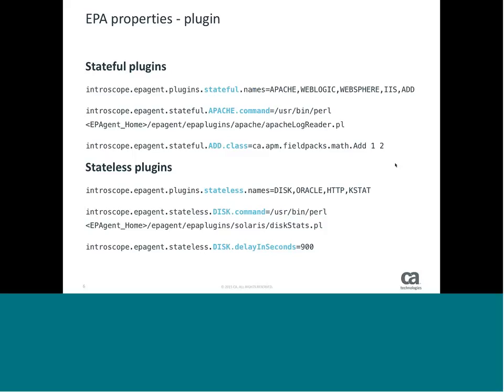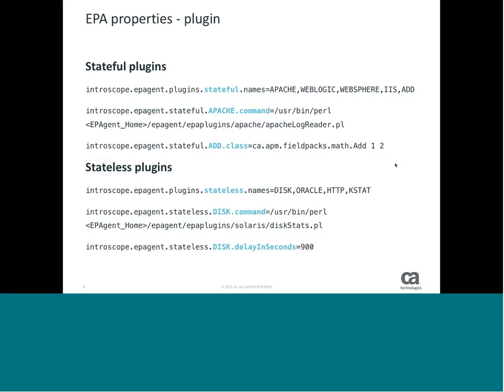For a Java extension, the property is a little bit different. You have the same Interscope EPAgent stateful dot and the name of the plugin, and then dot class, and then you have the class and the parameters, for example, 1, 2, in this example.